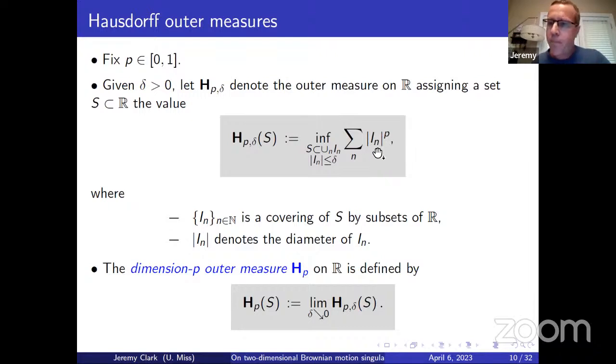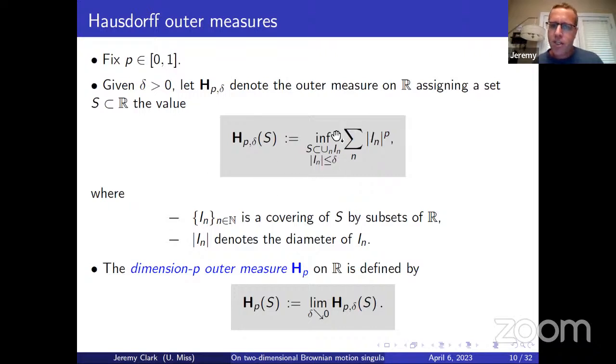Okay, so what happens if you take a small number and raise it to a higher power? Then it becomes smaller, right? So clearly if you raise p to a higher value, you're making this smaller, because you should think of delta as a small number.